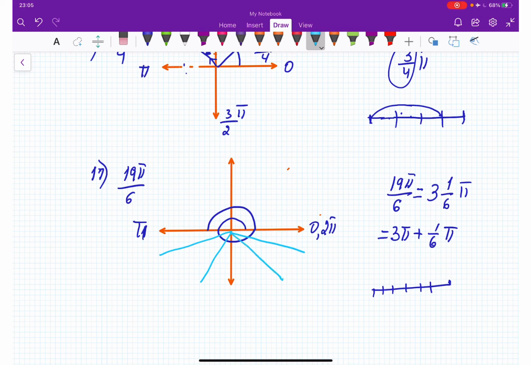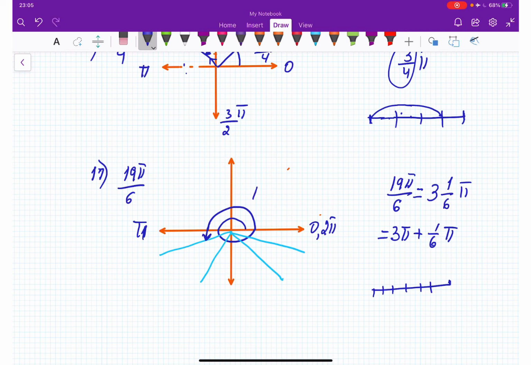Well, approximately, each of them is 30 degrees. 1, 2, 3, 4, 5, 6. Yes? Okay. So I need only one piece, correct? So I'm grabbing only one piece right here, which is going to be 30 degrees.